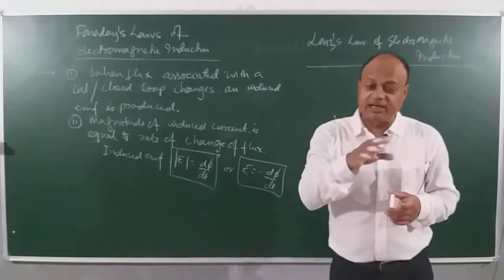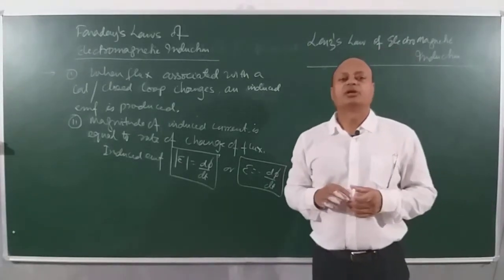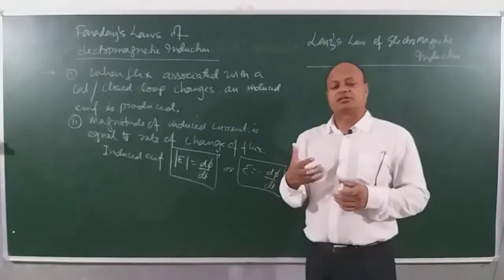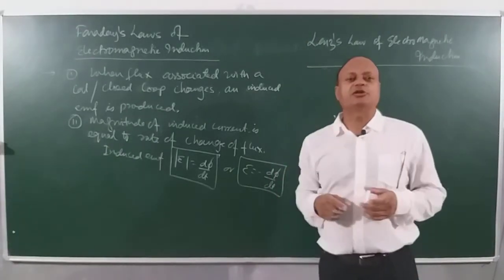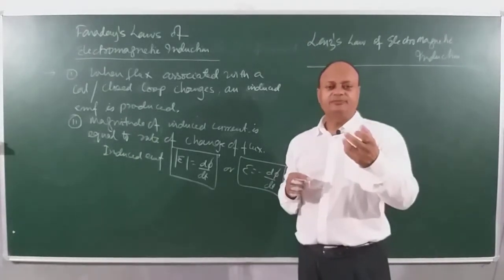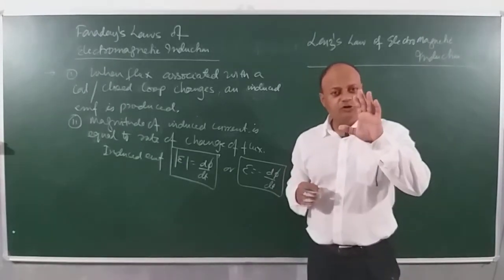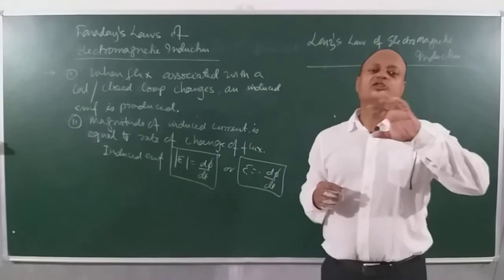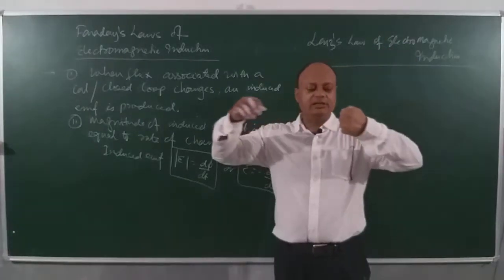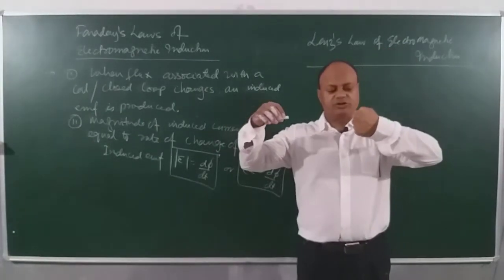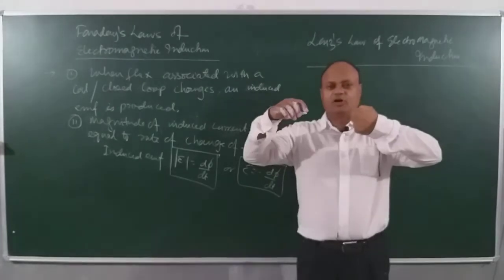But once this current is produced, its nature is to oppose the change of flux. So, Lenz said the nature of the induced EMF is such that it opposes any change of flux. So, imagine the coil is here, I am bringing the magnet towards it. Suppose I am bringing the north pole.